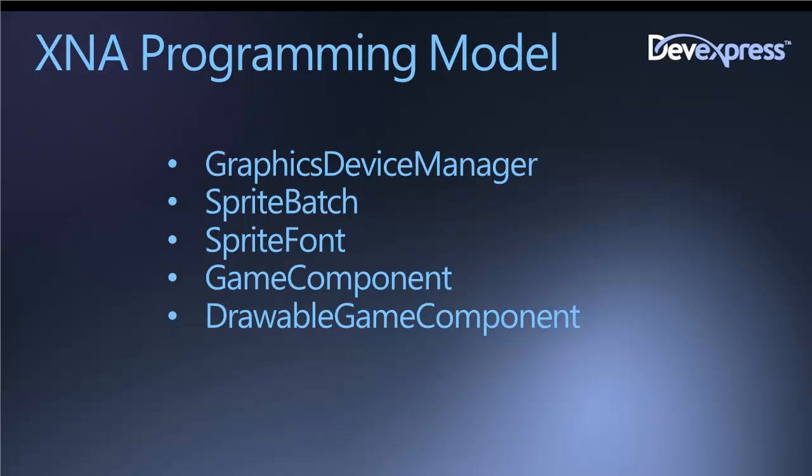One of the great things about XNA is that it gets abstracted out, and so you get a graphics device manager, which means you get a graphics object that allows you to do stuff, and it's much simpler to work with than having to talk directly to the graphics card itself.